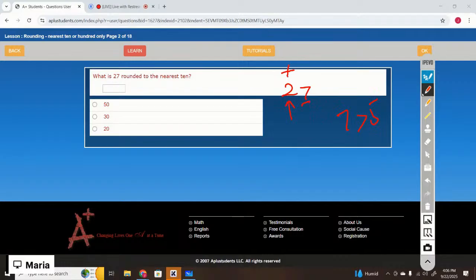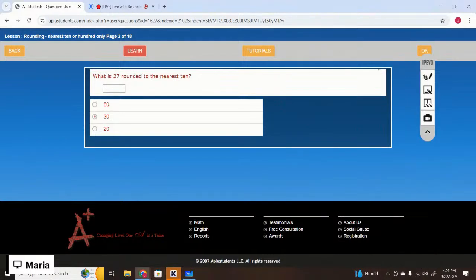Round up means 27 is rounded to 30. Option number 2 is the correct option.